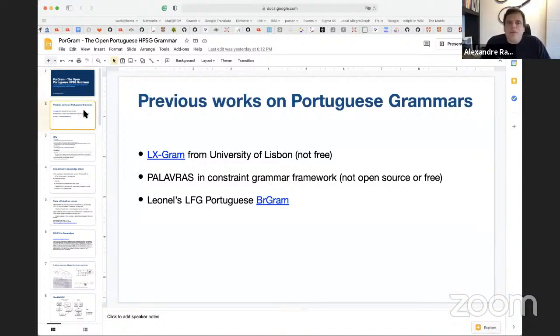So, previous work that we have on Portuguese grammars. We have work done by the University of Lisbon on the LX grammar. The LX grammar is actually a Portuguese grammar in the HPSG formalism, but it's not free. And this is a shame. I mean, the project was very well documented, and the code is open, but the license does not allow you to change or modify anything in the code.